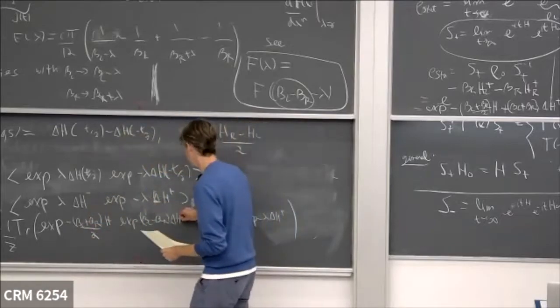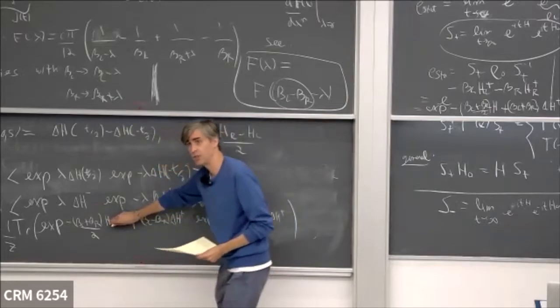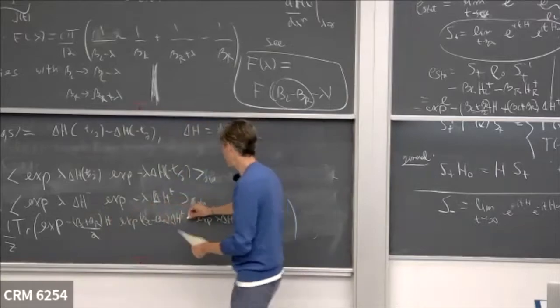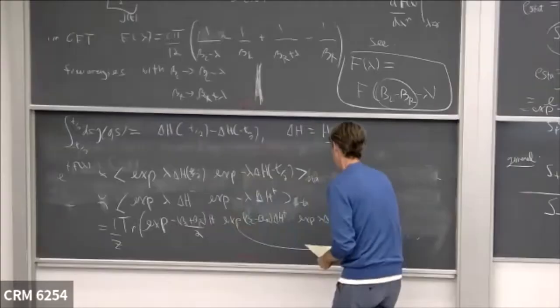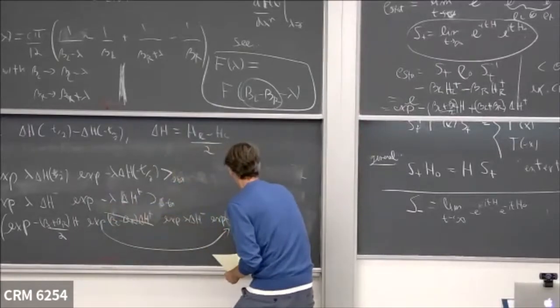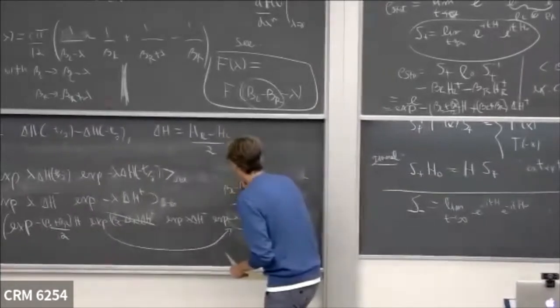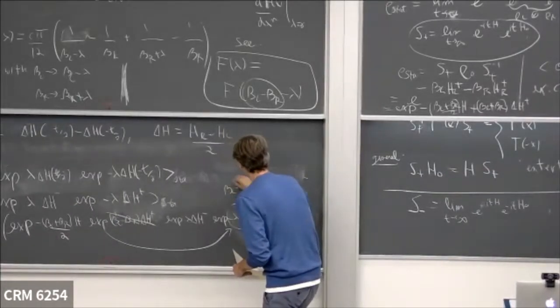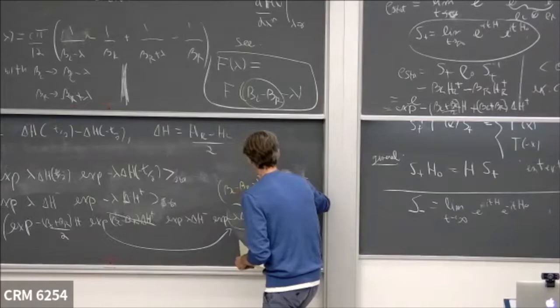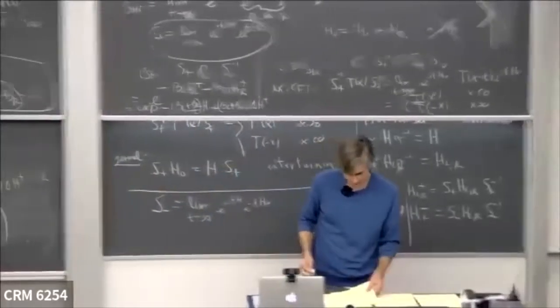This delta H plus commutes with that H, because that's just an H plus H minus, it commutes. So this I can bring to the other side. I observe that I now have beta left minus beta right minus lambda of delta H plus. Okay. So just rewrite it that way.